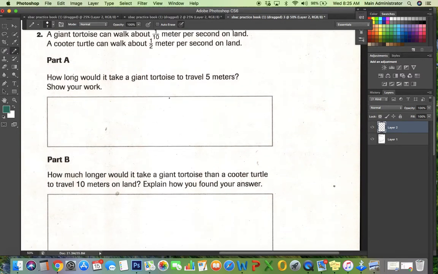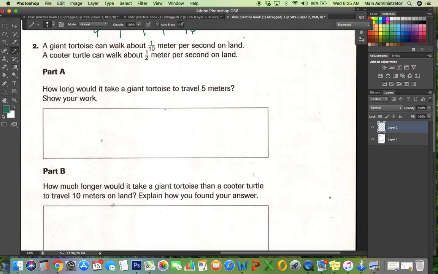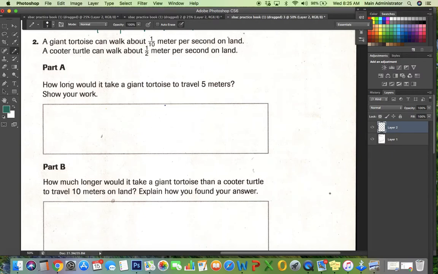A giant tortoise can walk about 1/10 of a meter per second on land. A cooter turtle can walk about 1/2 a meter per second on land. How long would it take a giant tortoise to travel 5 meters? Show your work. Okay.